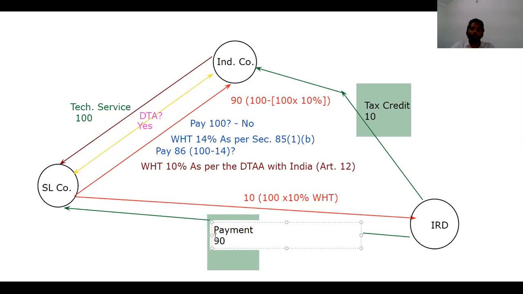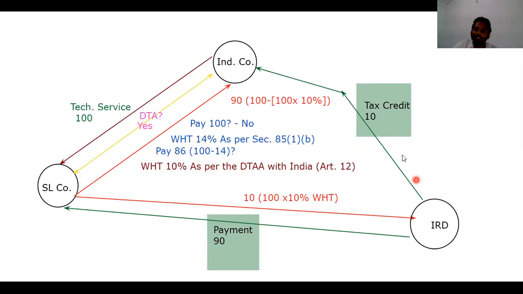In order to pay 90, they can show this certificate to the respective bank the Sri Lankan company is dealing with, and then make this 90 payment to the Indian company.